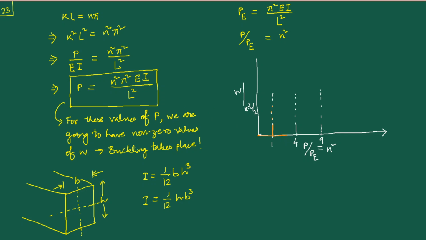But within the confines of this theory, very theoretically speaking, when you hit the value 4 pi square EI by L square, or 4 times the Euler buckling load, again it will show a non-zero deflection, meaning that some buckling has occurred, and so on and so forth if you keep on going like that.